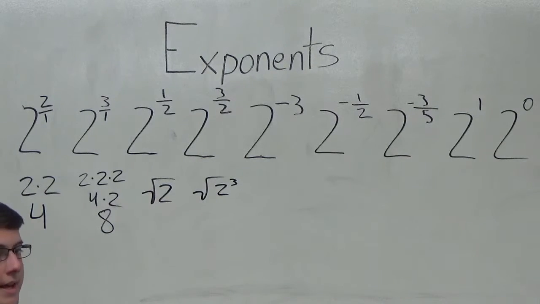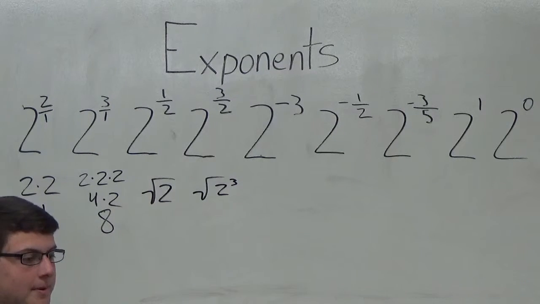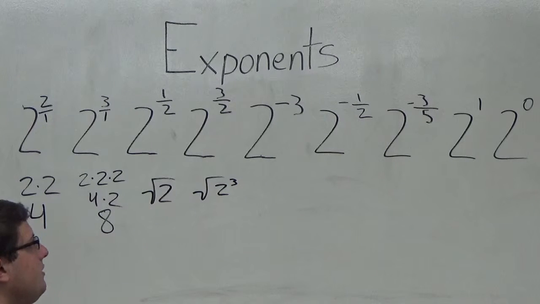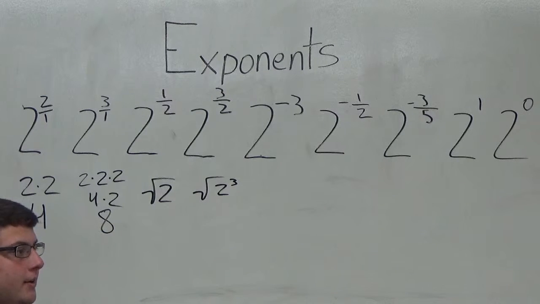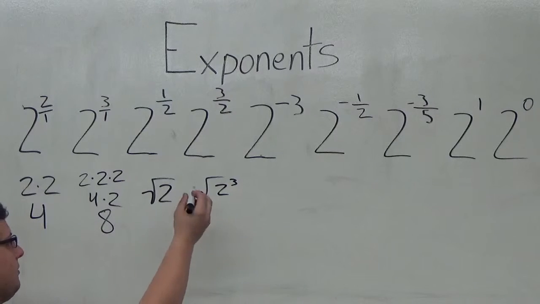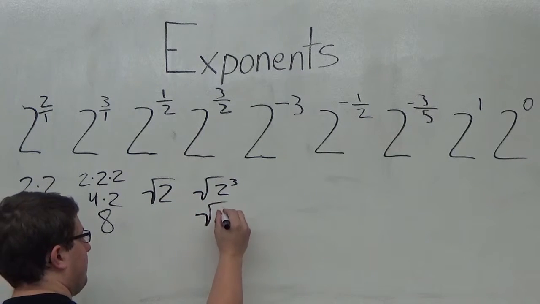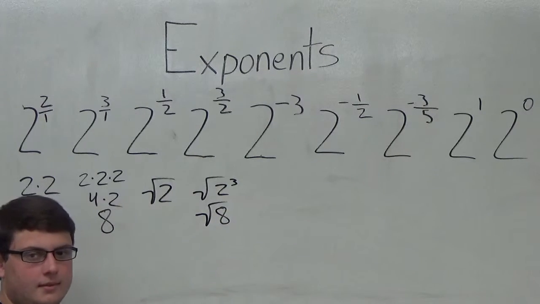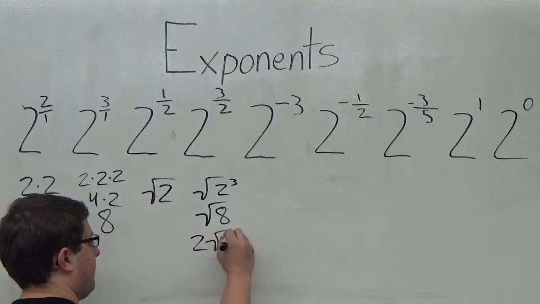The way that works, you use the numerator to determine what you do with the base, how many times you're going to multiply by 2. You use the denominator to determine what power you're going to square root it by, or what power you're going to root it by. So in this example, we're going to do the square root of 2 cubed, which is equal to the square root of 8. And we can simplify this into 2 times radical 2.